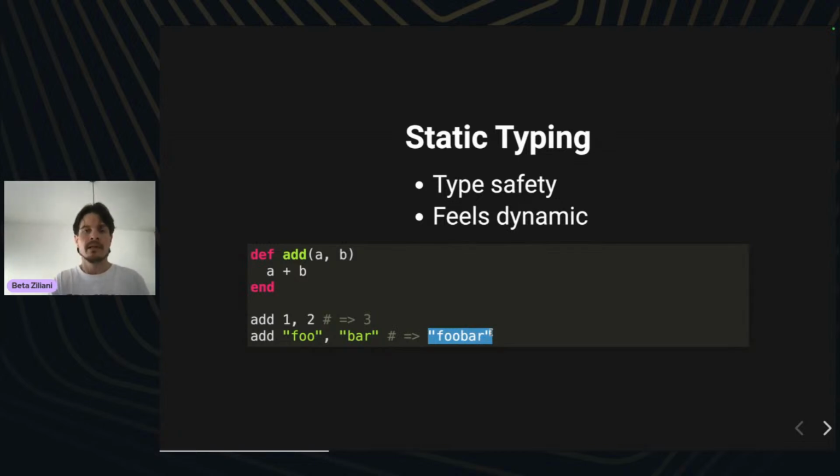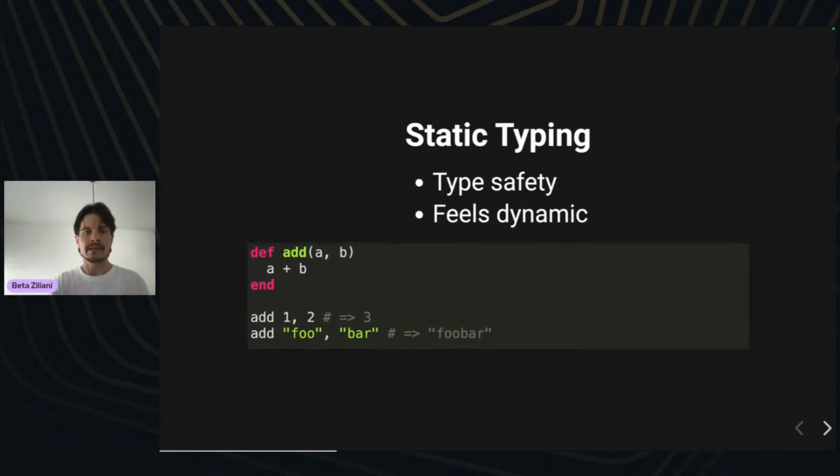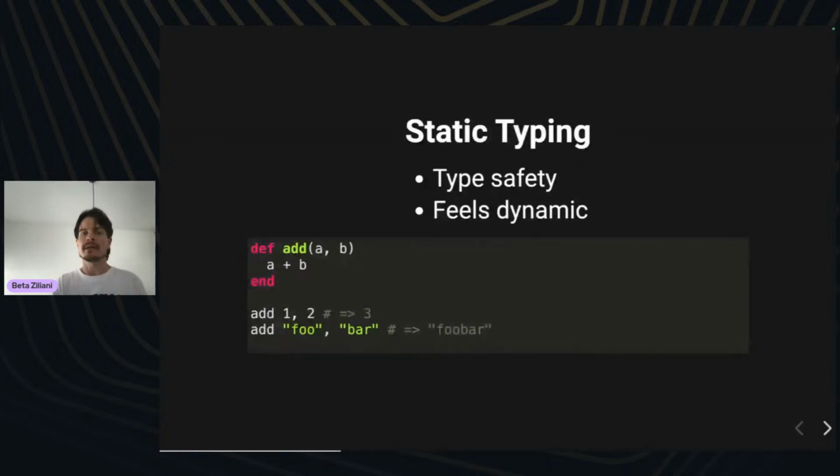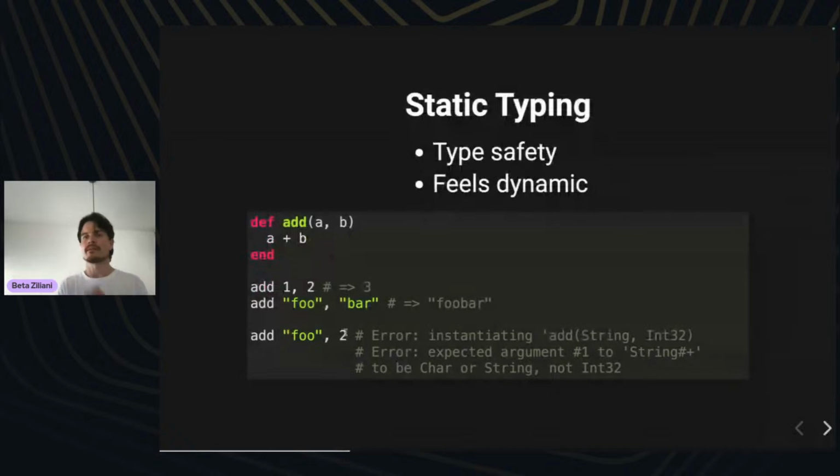But if you pass something that is wrong, for instance, a string and a number, it will say, no, sorry, you cannot plus these two things. Look, we never mentioned what A and B are, and it manages to handle it.